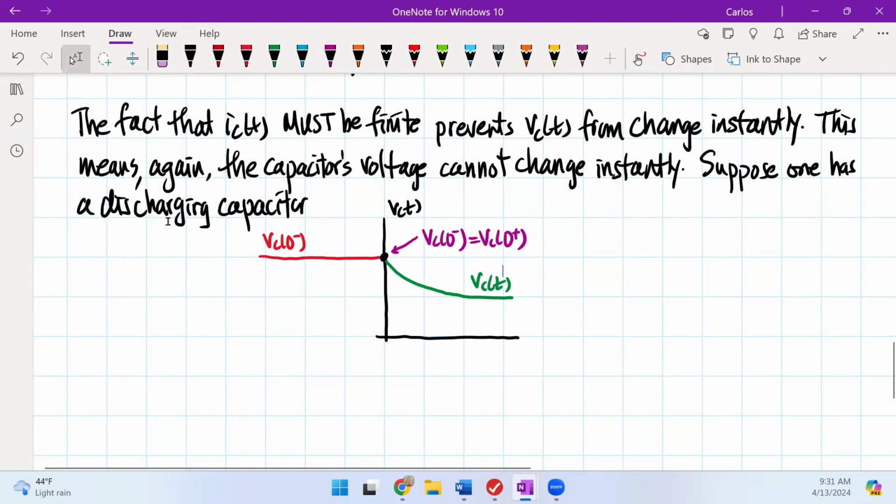So now let's go to the capacitor's current.